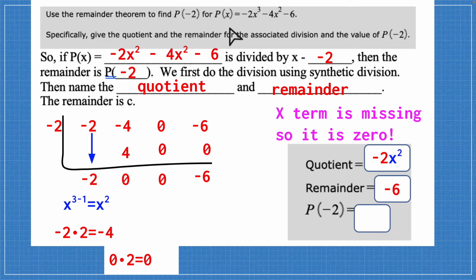Okay, we started with a cube. When we divide it down, we go down by 1 degree. So here's my quotient. Here's what's left over, negative 2x squared. My remainder is negative 6. So when they ask what is p of negative 2, that is also our remainder. It's just another way of asking that same question. So I hope that helped reviewing and going through applying kind of long division on how to find the quotient and the remainder. I will see you in the next video.